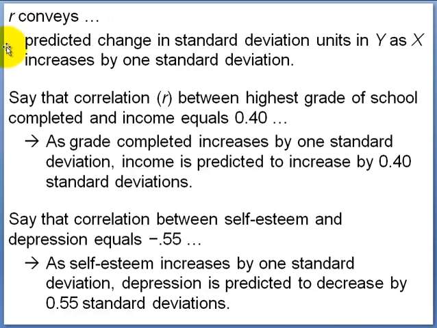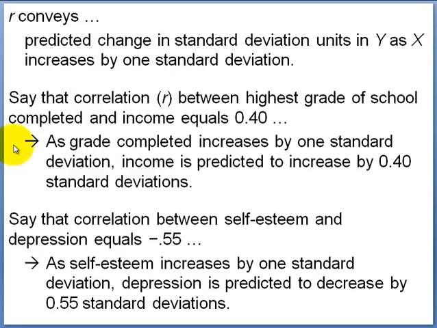It's a little more on what R is conveying to you. One of the meanings of R is that R is conveying to you the predicted change in standard deviations in y as x increases by 1 standard deviation.